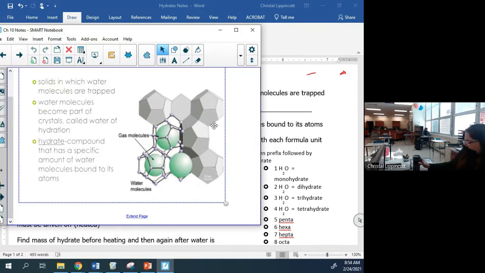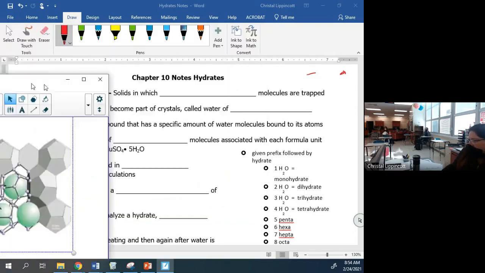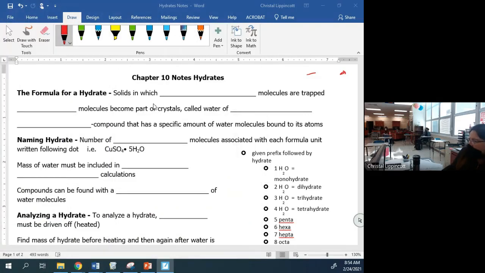I mean, it's not, but I'm just trying to use that as an analogy, where we've got a molecule here, and we can have like water kind of stuck to it. Okay, so it's a solid in which water molecules are trapped.